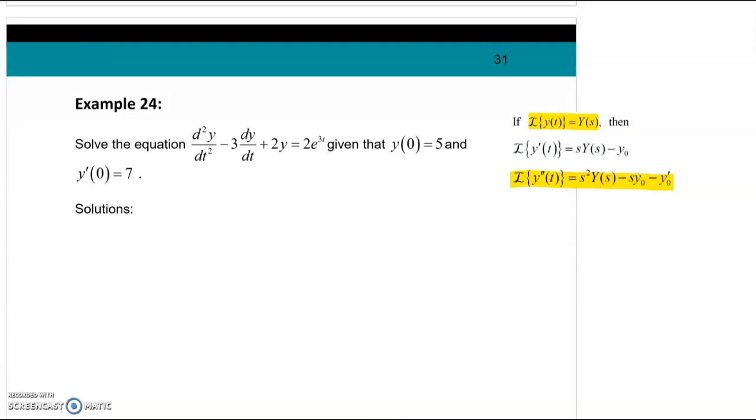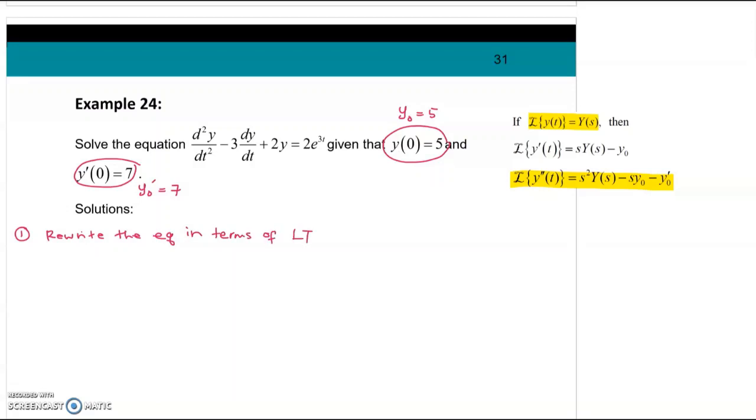So first of all, the condition y0 equals 5 simply means y not equals 5. And y prime 0 equals 7 simply means y not prime equals 7. So the first step in solving the BVP is to rewrite the equation in terms of Laplace transform.